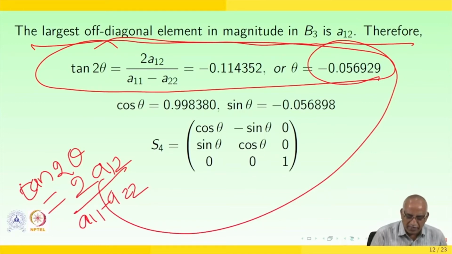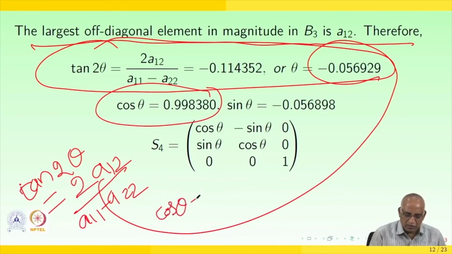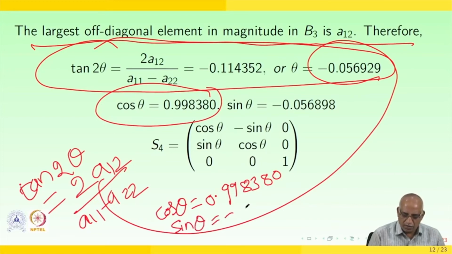So therefore, cos theta is equal to 0.998380 and sin theta is equal to minus 0.056898.